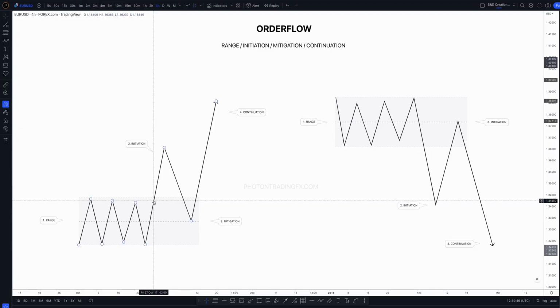A lot of orders have exchanged hands, and there was likely institutional backing, because it takes a hell of a lot of money just to move any of the major currency pairs by even just 1 pip. So if we see price rapidly breaking out of a range like this, that really gives us our first clue of a footprint that large financial institutions have stepped in, and they've caused that overwhelming imbalance between supply and demand.